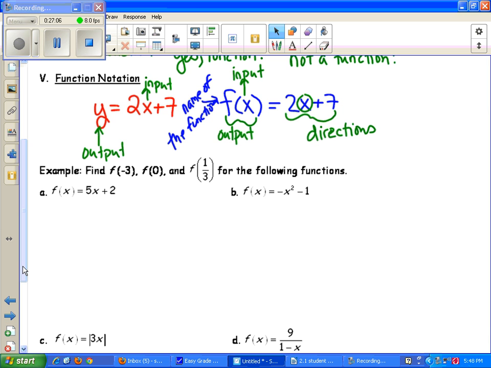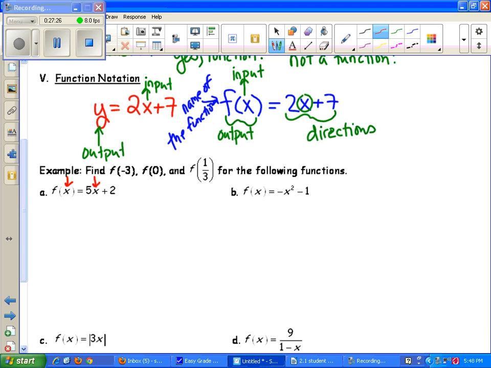If we take a look at A here, we have f of x is equal to 5x plus 2. So we're going to be inputting stuff in for x, which would go there. Then the directions, 5x plus 2, tell us what to do, and f of that number is going to be our entire output.